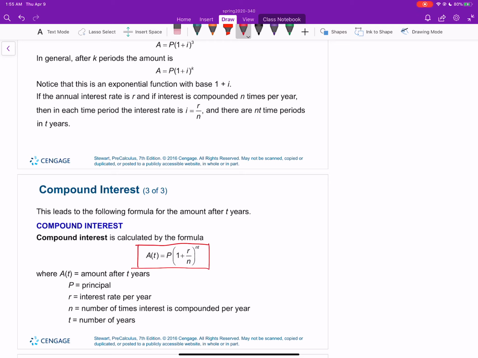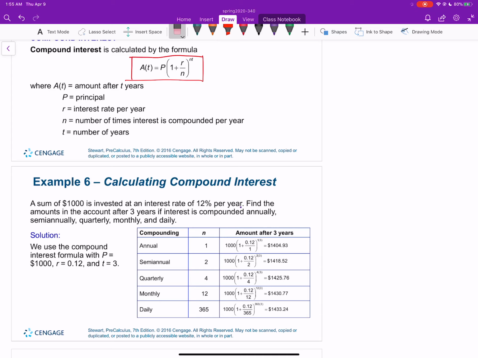So let's look at this question over here. You have $1,000 and you want to invest it at these different compounding times. So if you think about it annually, you have $1,000, that's your principal. And then since you're doing it annually, you have it divided by 1, and you're doing this for 3 years.